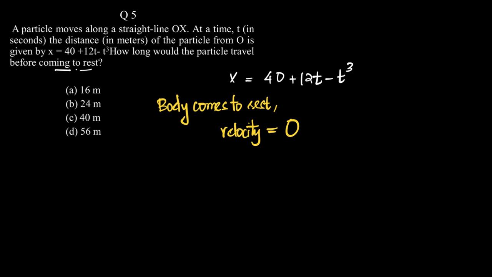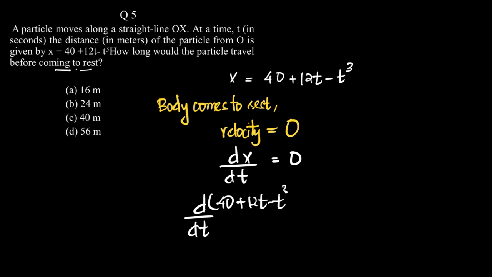Now, how will the velocity be equal to 0? Because we know that the rate of change of displacement is the velocity, which otherwise means that d by dt of 40 plus 12t minus t cube is equal to 0, right?